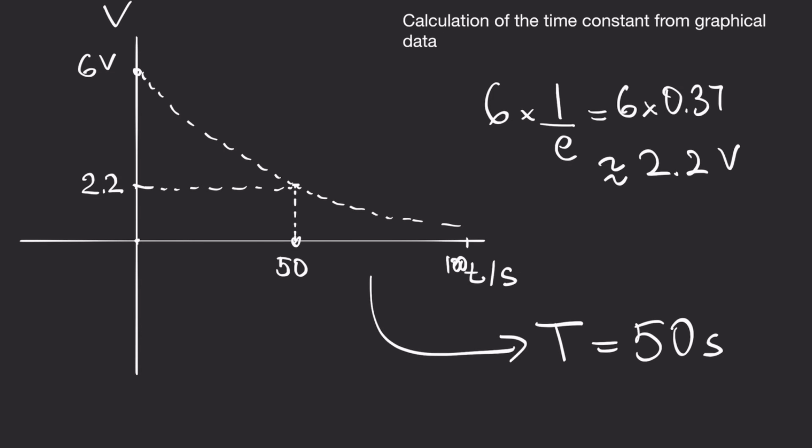And then if we were given the resistance, for instance, we could even work out the capacitance from this graph. This type of question can also appear for a different graph. This could be Q or this could be I, but it will be exactly the same way. Find the initial value, divide that by the constant E, or find 37% of it, and then find the corresponding time. This here is your time constant.